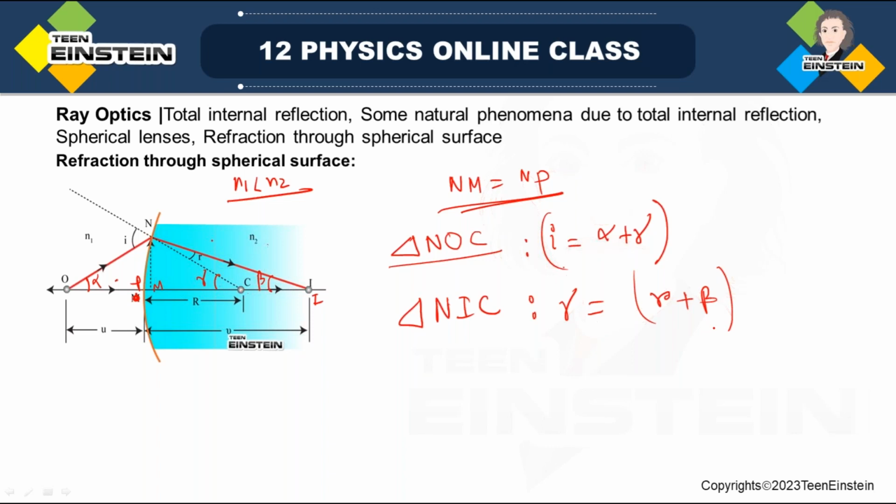Up to here you may not have any problem. I can write this as R equals gamma minus beta. This is equation number 1, and this is equation number 2.